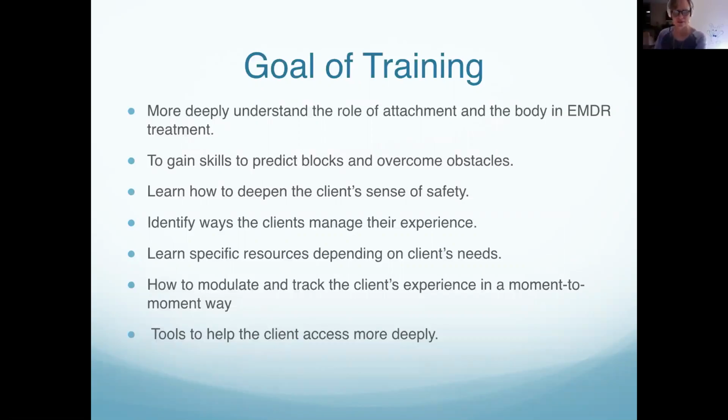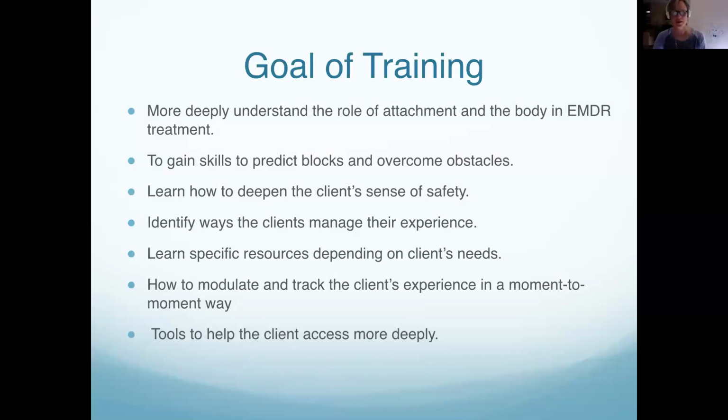And so predicting blocks and overcoming obstacles, learning how to deepen the client's sense of safety and identify the way the clients manage their experience, and learn specific resources depending on the client's needs, and how to modulate and track the client's experience in a moment-to-moment way.